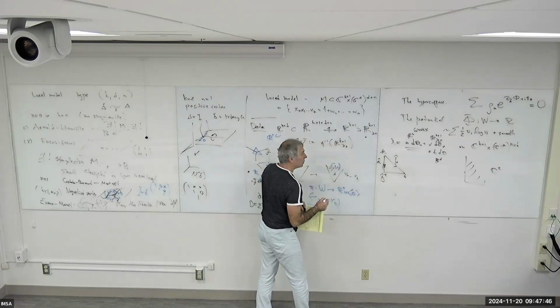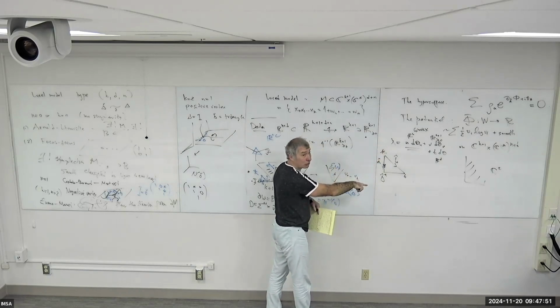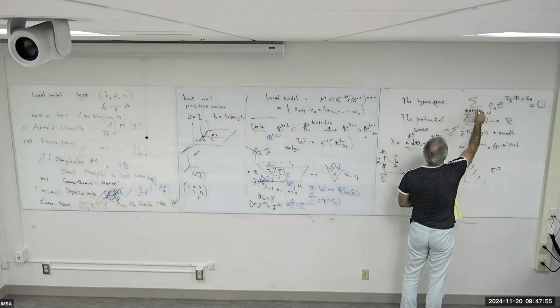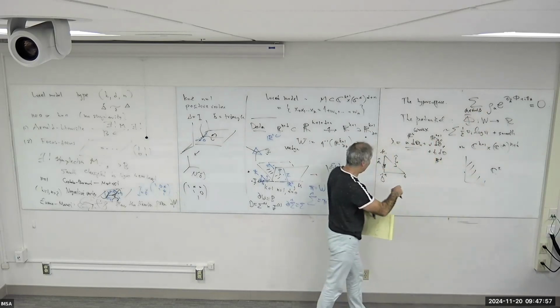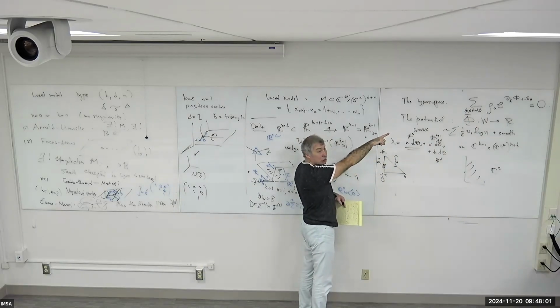I'm going to take the sum over all possible vertices of delta, A in vertices of delta. For every vertex, I take my partial derivative with respect to that vector, and I put it in an exponential.